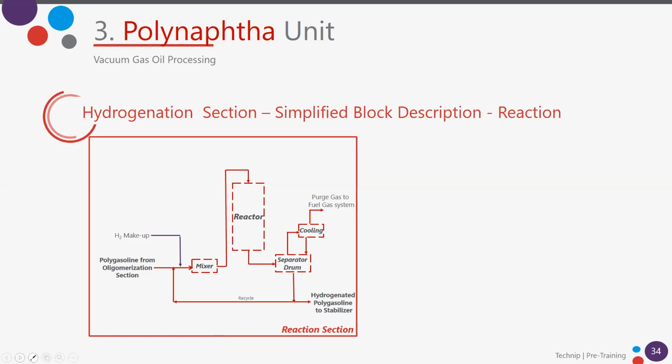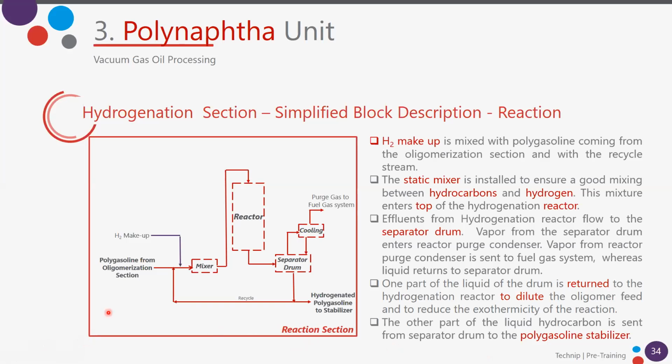So the idea here is that you have your feed to this hydrogenation section, which is the product from the previous section, the oligomerization section. Then you mix with the hydrogen makeup and also with this recycle coming from the separator drum.